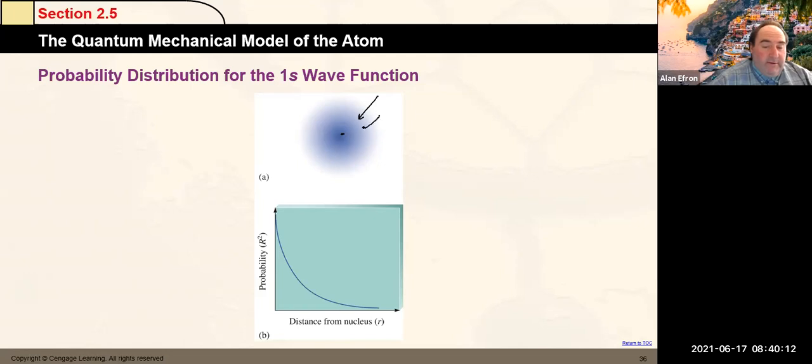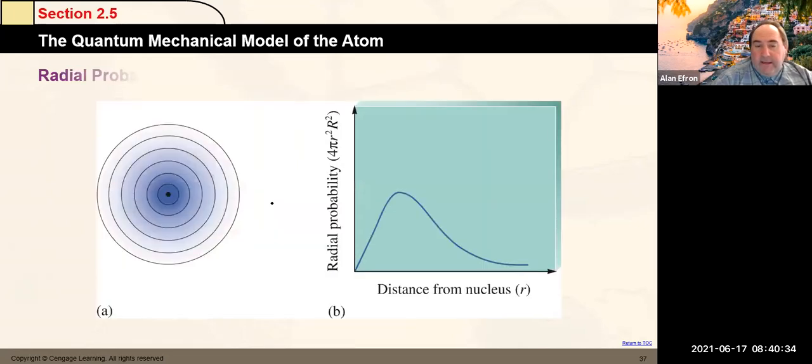Probability starts to go down and gets lighter as we fan out from the nucleus. That's what we see here as the distance from the nucleus increases: the probability of finding an electron gets much, much smaller, as opposed to near the nucleus, where we have a pretty high probability. Again, based on Heisenberg's uncertainty principle, we're not really sure how it's traveling or where exactly it's located at any particular point in time.